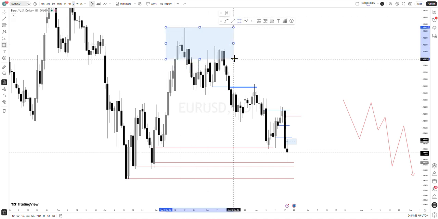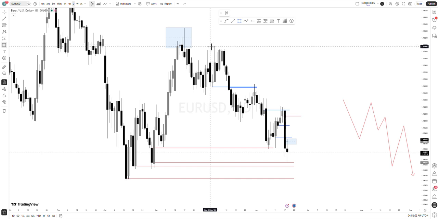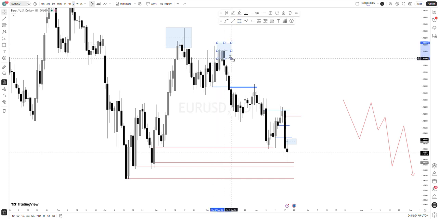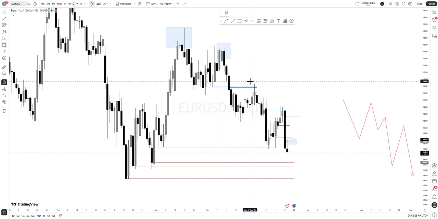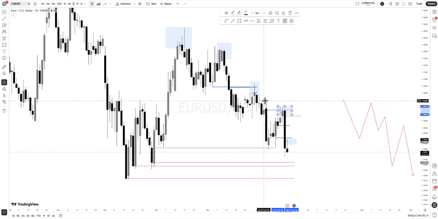So this is a swing high, this is a swing high, this is a swing high, even this is a swing high as well. And for swing lows, this is a swing low, this is a swing low, this is a swing low. It is a low created that made price go in the other direction for some time at least.